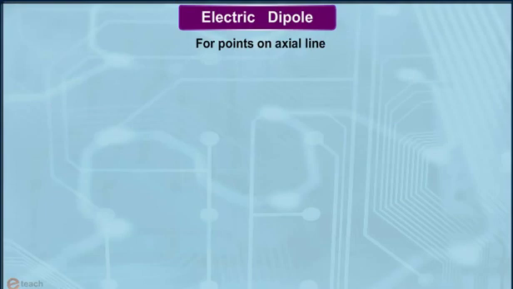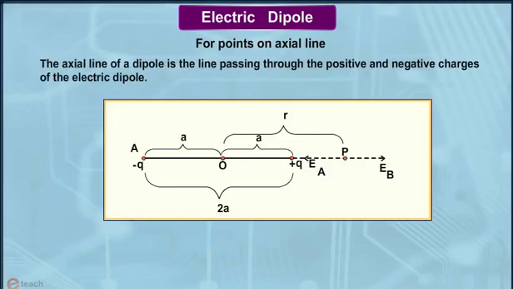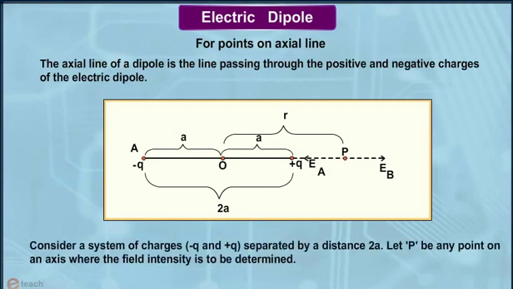For points on the axial line. The axial line of a dipole is the line passing through the positive and negative charges of the electric dipole. Consider a system of charges Q and minus Q separated by a distance 2a.